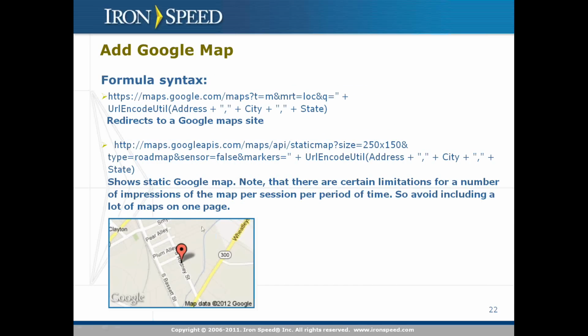Effectively, this map will show, but the limit, as far as I remember, is about 75 impressions from the specific page per minute, meaning that if one particular user opened the specific page and during this session goes through this one application and sees more than 75 maps, they will stop showing you maps and show red crosses. So maybe in real life you do not want to include too many maps on one page, because each one of them is a new impression.